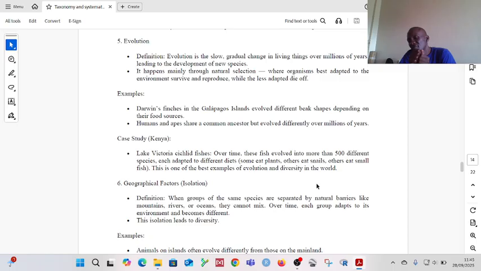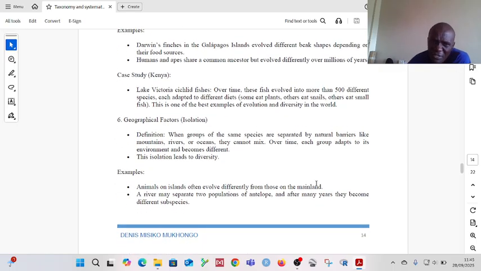Okay? Another thing is the geographical factors or isolation. When you have groups of the same species being separated from one another, with a barrier like a mountain or a river, then the group on this side of the mountain will not be able to meet and mate with the group on the other side of the mountain.